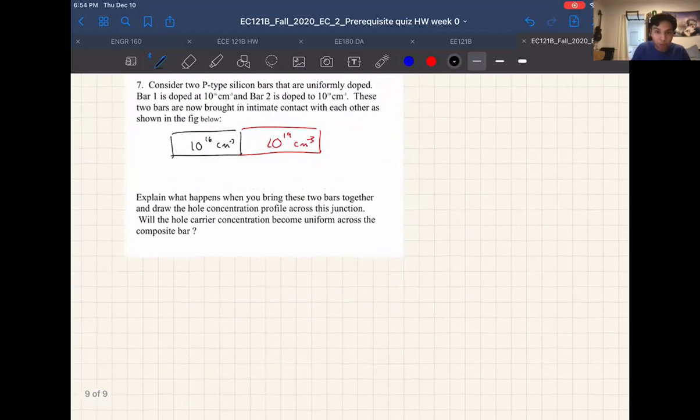Perhaps it's a slow way to do it, but I might even try to color code it so it's not confusing. So you have bar 1 and you have bar 2. So this is the conduction band.